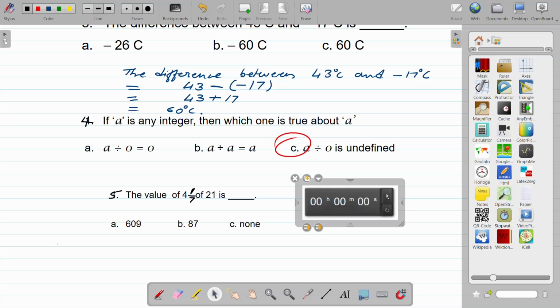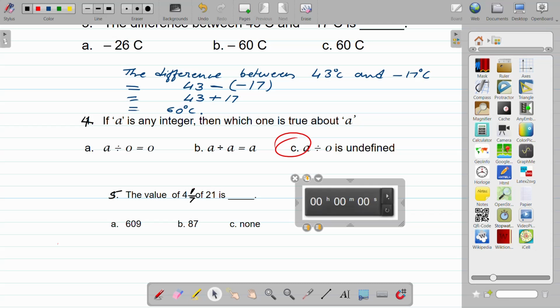Sir, I also got 87. Sarthak, right? Okay, that's fine. Whoever has solved, it's good.